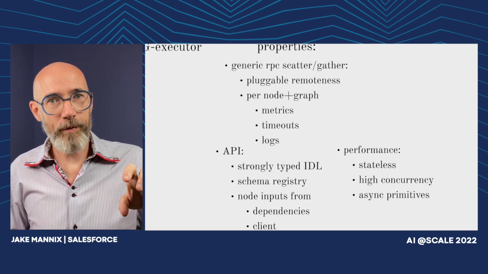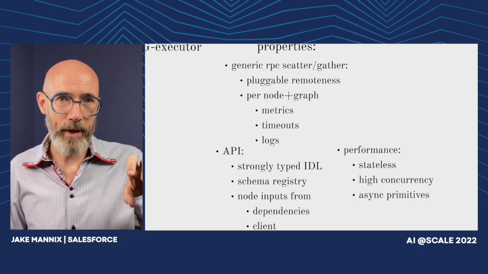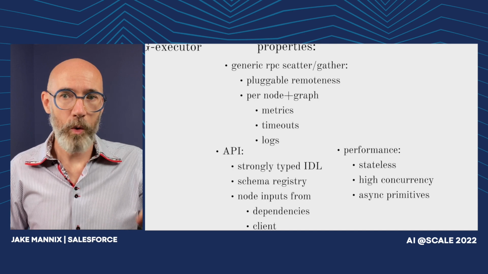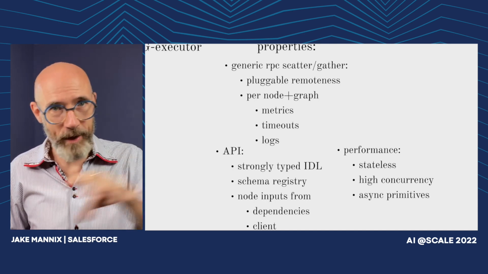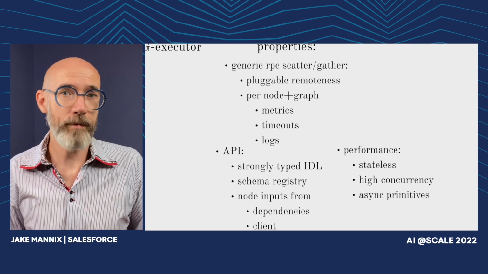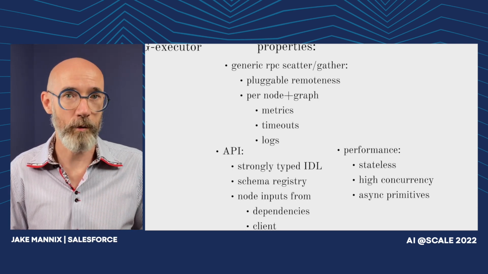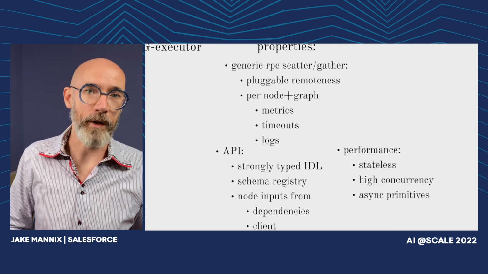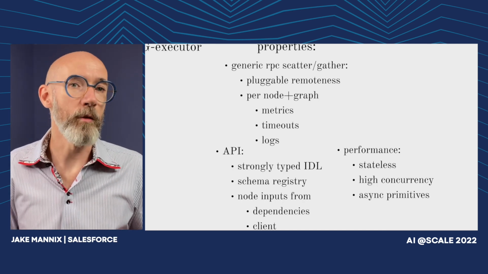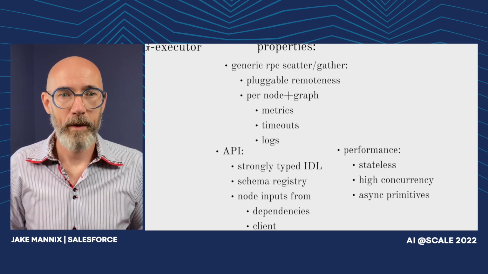The node itself could be implemented locally as a client to a remote service, or it could be hosting actual logic that is hosted inside of the graph executor itself to save on RPC calls and remote latency, or it could be hosted remotely for independent scaling if you're willing to pay the remote RPC cost.